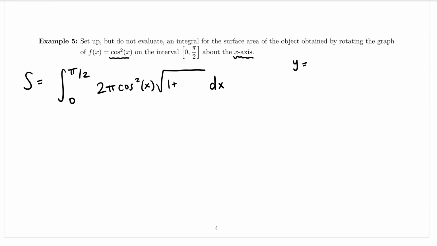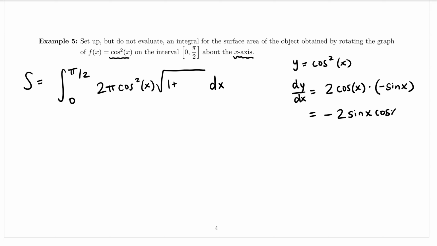So right now we have y equals cosine squared x. I'm going to take the derivative of that. So dy dx is equal to 2 times cosine of x. And then I need to use chain rule and multiply by the derivative of cosine, which is negative sine of x. And if I simplify that, that's going to be negative 2 sine x times cosine x.